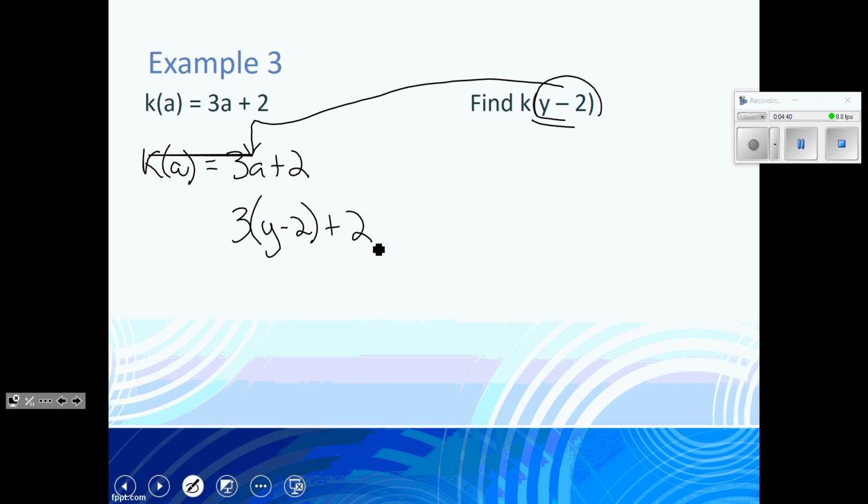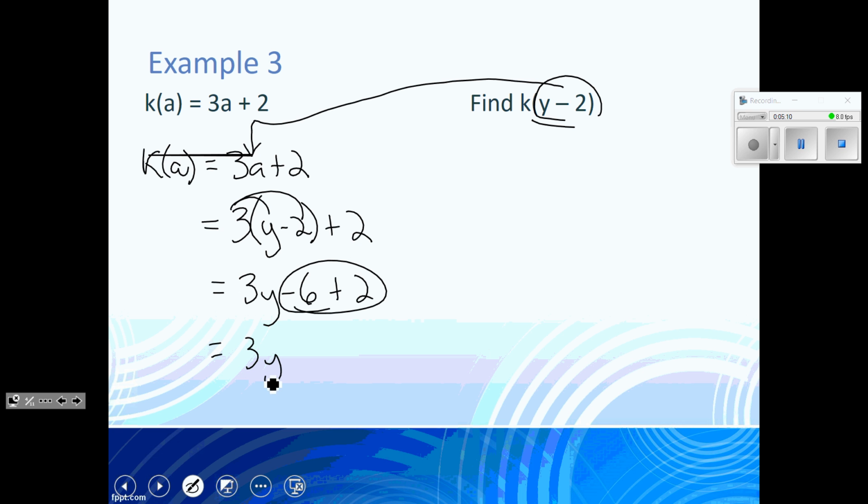This is substitution. I'm exchanging the a for y minus 2. Does that make sense? Make sure the a comes out and the y minus 2 goes in. Now, this is equal to 3y minus 6 plus 2. What can I do from there? The negative 6 and the 2, so 3y minus 4.